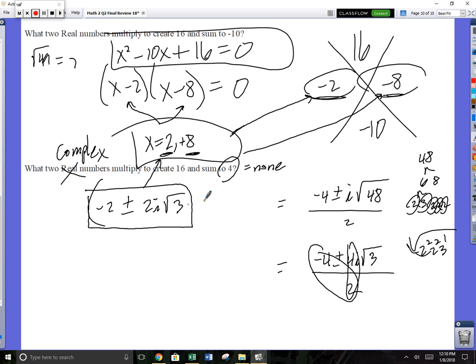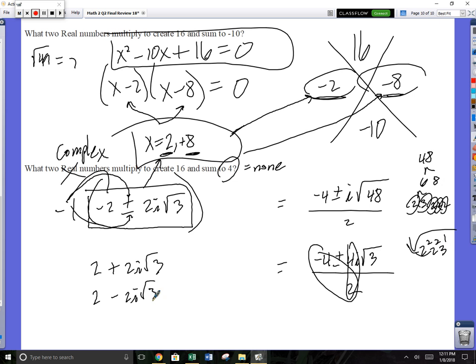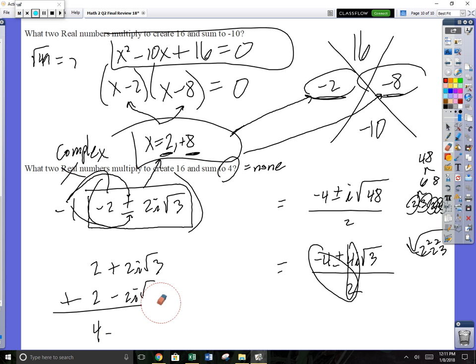So if I times that by a negative, I just make it negative, that means it's going to be a positive 2 plus 2 imaginary square roots of 3. If I make that positive opposite, it'll go negative, and if I make that negative opposite, it'll go positive. So I'm still going to have one that's plus and one that's minus. 2 plus 2 imaginary square roots of 3 and 2 minus 2 imaginary square roots of 3. If I add them up, that does give me 4. Ching. And if I times them together, it'll give me 16.